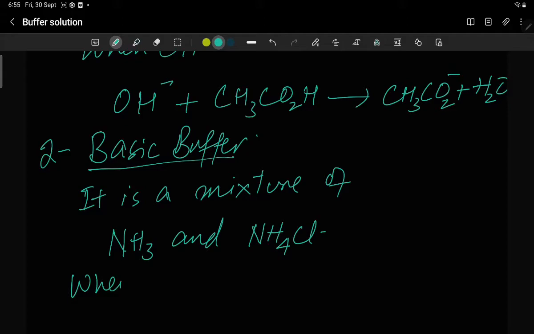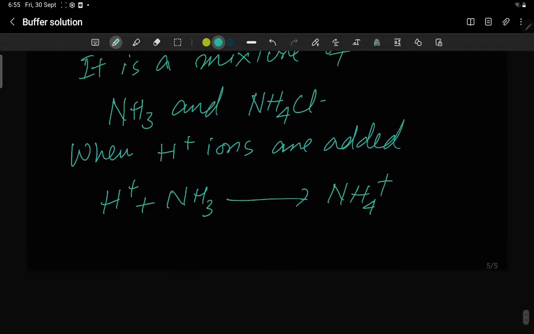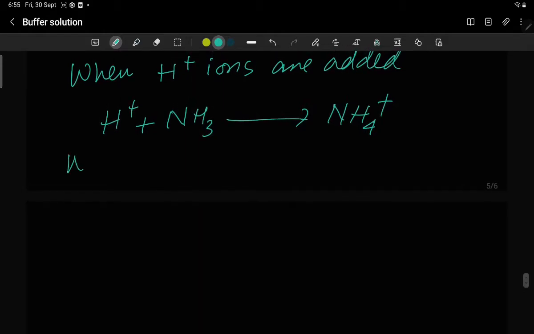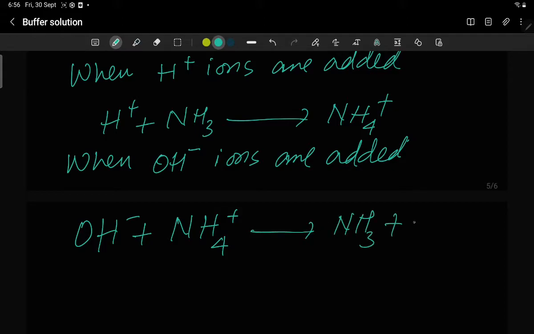When hydrogen ions are added, they react with ammonia to form ammonium ion, and when OH ions are added, they react with ammonium ion to form ammonia and water.